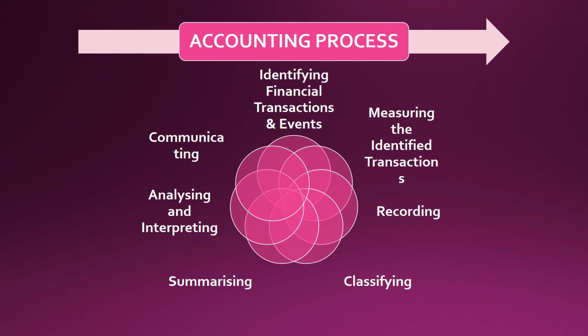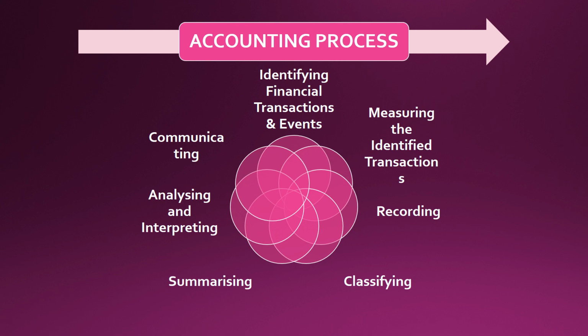Those similar kind of transactions are put into one. All purchase transactions, purchase of goods, will be placed in the purchase group. All sales will be put into sales. This way, the groups are made in terms of accounts. So classification is done in a book that is called the principal book. The name of this principal book is ledger.